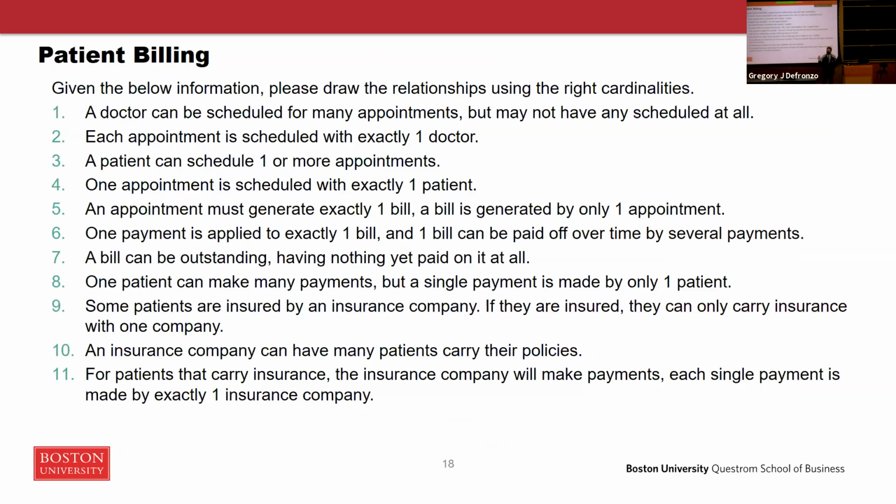What I'd like you to do is draw the cardinalities, right? You can share it when we come back to the class. So you can use Word, or you can just annotate in Word and share, okay? Any questions on this? So these are the rules, but it's also in the email I sent you. It's one Word document. It summarizes the rules as well as has a blank template.